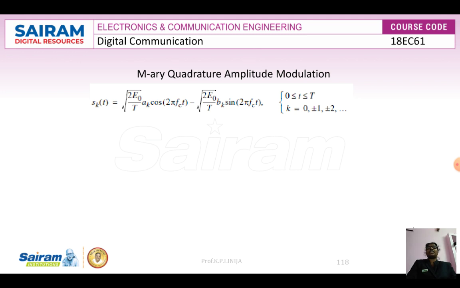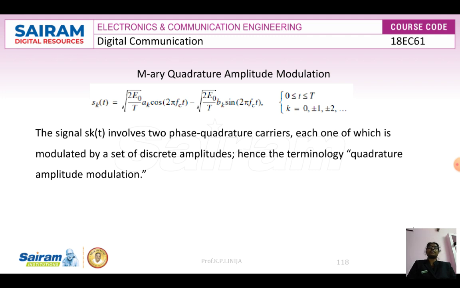Therefore, Sk of t is equal to root of 2 E naught divided by T into ak into cos of 2 pi fct minus root of 2 E naught divided by capital T into bk sine of 2 pi fct, for the limit 0 less than or equal to t less than or equal to capital T, and k varies over 0, plus or minus 1, plus or minus 2, etc. Now this signal Sk of t involves two phase quadrature carriers, each one of which is modulated by a set of discrete amplitudes.